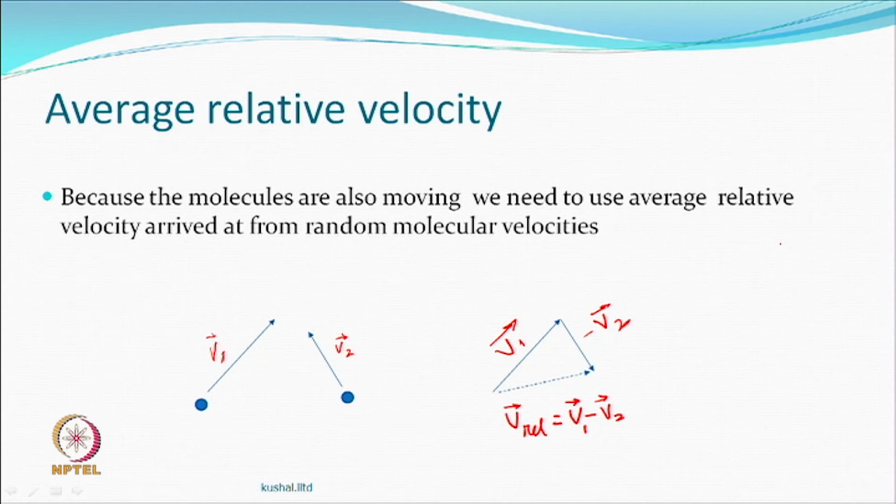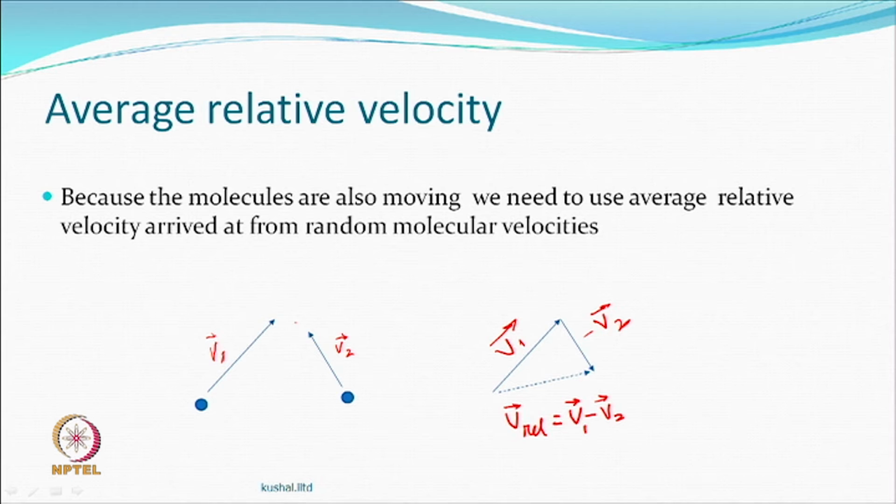So, how do we find the average relative velocity and what do we mean by that? One is moving with a velocity v1, the direction also is seen, it is one single particle. So, it is a vector quantity.